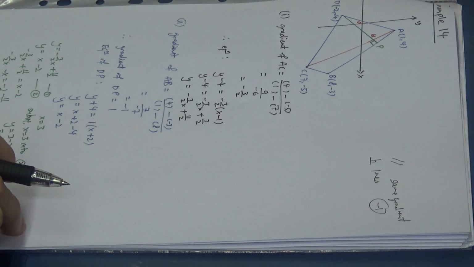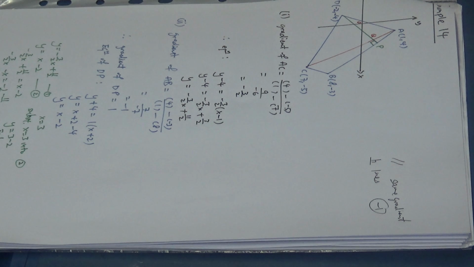Now, example 14 says the diagram shows a quadrilateral ABCD with vertices A, B, C, and D all given. The point P lies on the line AB such that DP is perpendicular to AB. The line DP and AC intersect at point Q. Find the equation of AC.